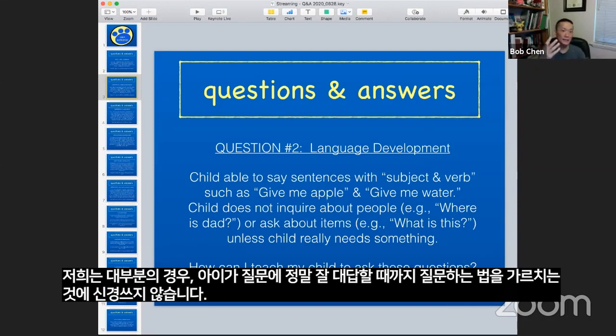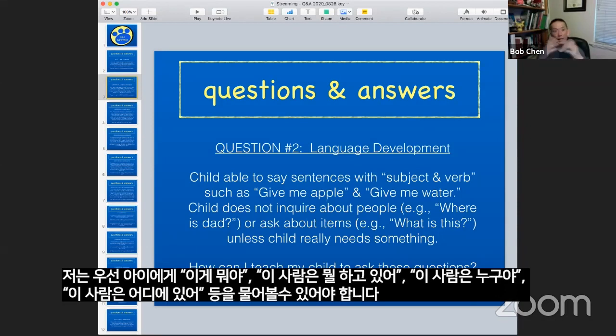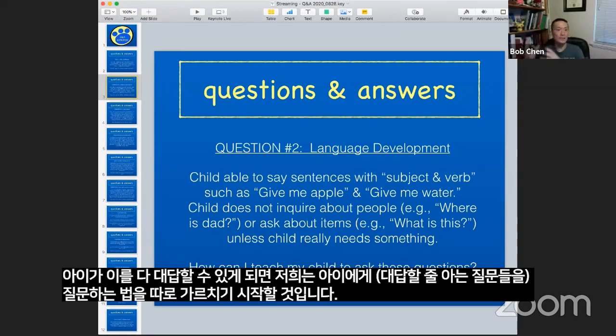I can ask a child what an item is, what a person's doing, who is this person, where is this person, and separately, not necessarily together, but they can answer all of those questions. Then we would start into teaching them how to ask the questions that they know how to answer.